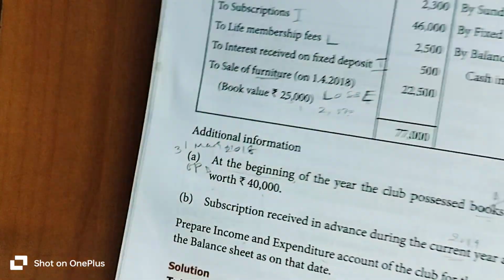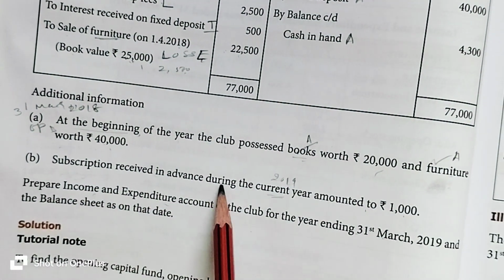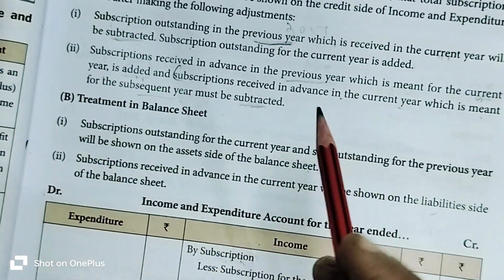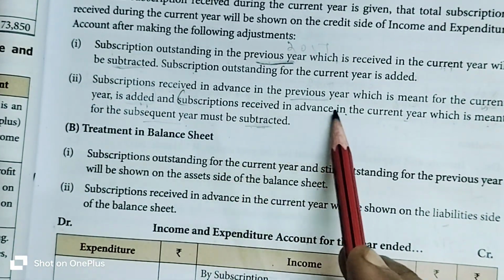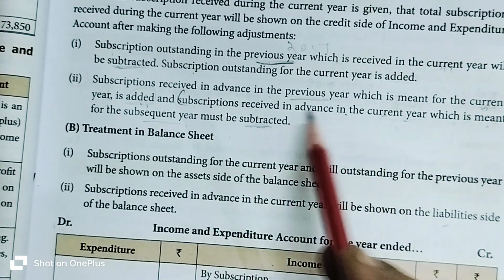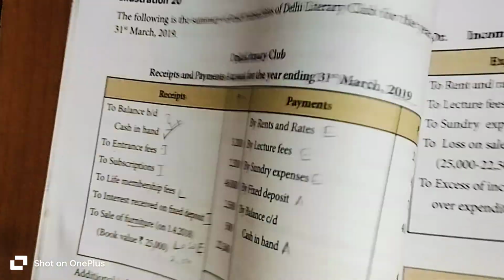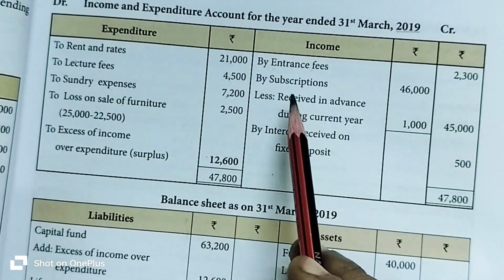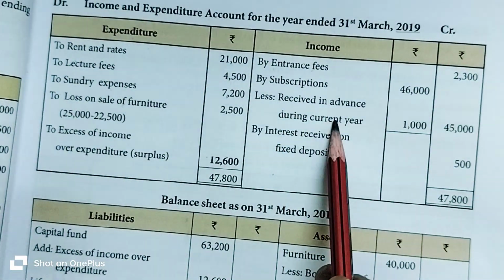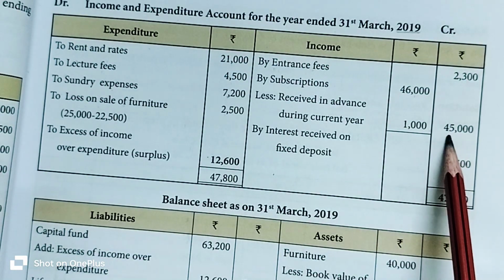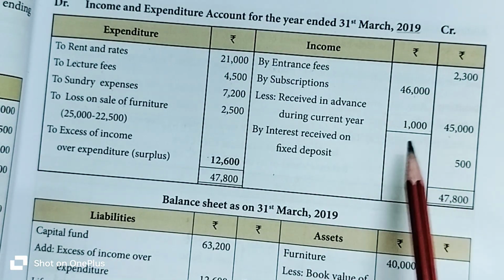So we subtract the amount received in advance during the current year, 1,000 rupees, from the subscription 46,000, and you will get 45,000 rupees.